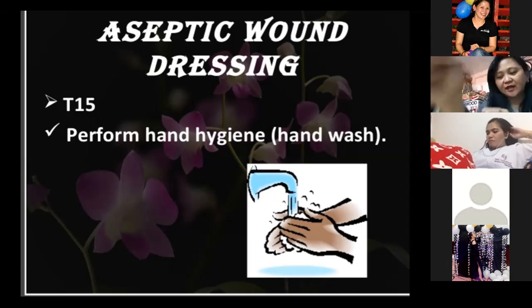Or if you cannot, you go here or to the other parts. Femoral, dito sa may singit, or popliteal, or from the other parts sa baba, sa paa. You try for that one.